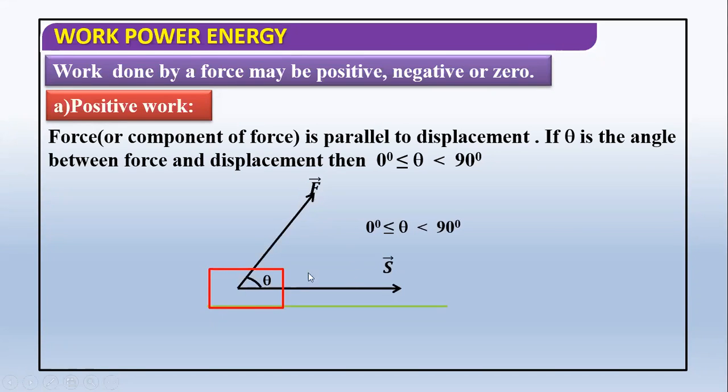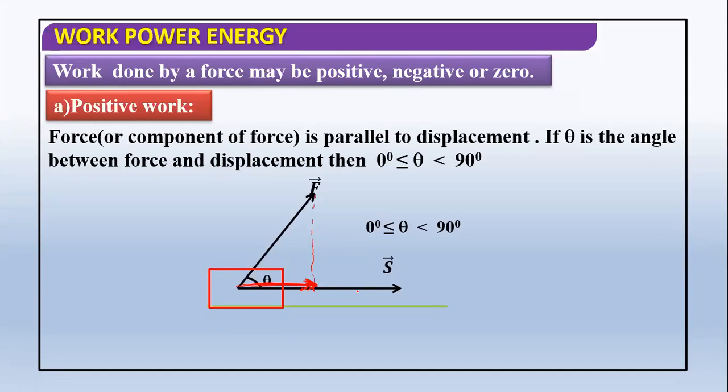The force is not exactly parallel, but if you draw a perpendicular, the component of force is this much. This is parallel to S, so the work will be positive in this case.